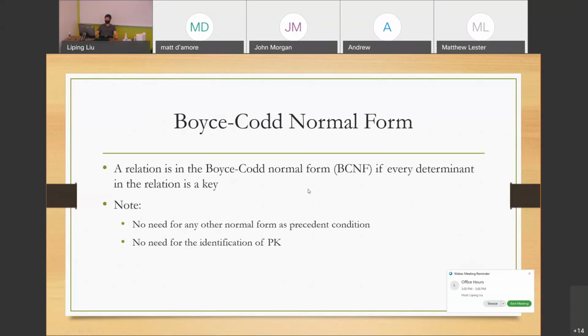And although this normal form does not require first, second, or third normal form, it is stronger than any other normal form we have seen. It's stronger than first, second, and third normal form. So if you're trying to say what it is, is it first normal form or fifth normal form?